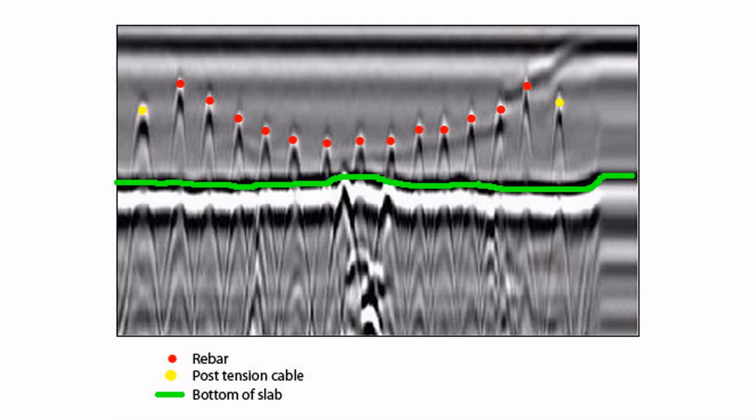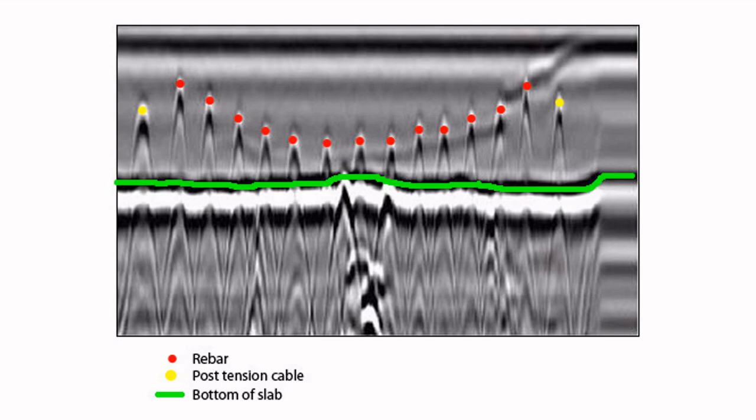So before making a hole, we need to find out where the bars and the cables at the bottom of the slab are, and then if we collect the core sample, we'll get a very good part of the core.